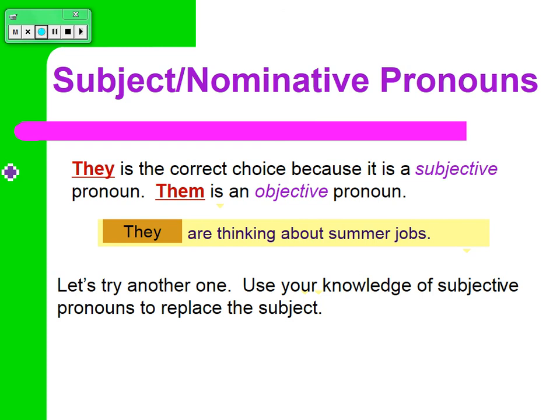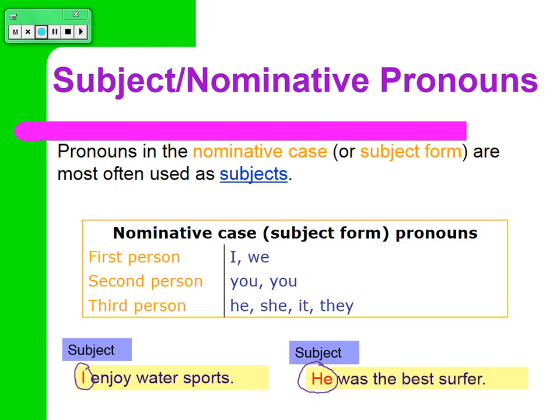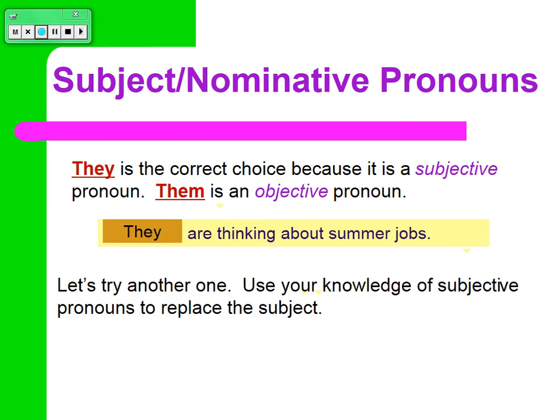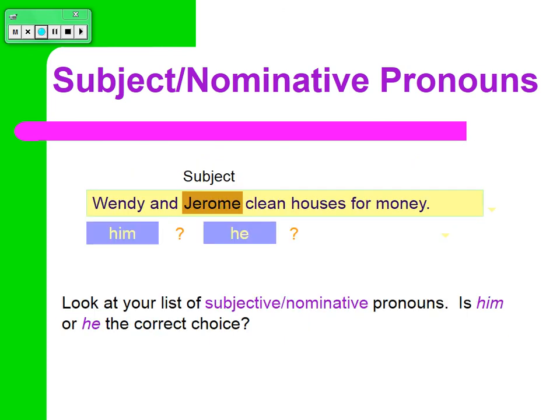Okay, and I would go ahead and make sure that you do have written down in your blank chart these pronouns. So I, we, you, he, she, it, they. Okay. And then just one more thing I would add to your subject pronoun blank chart for notes is a couple of examples so that you can reference later. So here's an example you can use.